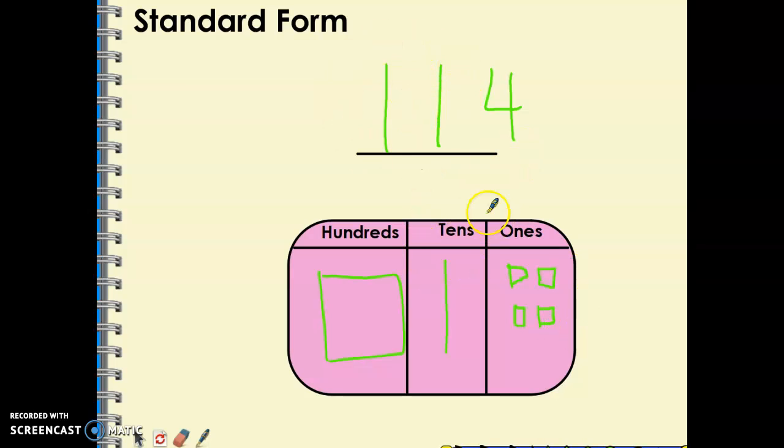So 114 is represented by 100, 10, and 4 ones. So we can count 100, 110, 111, 112, 113, 114.